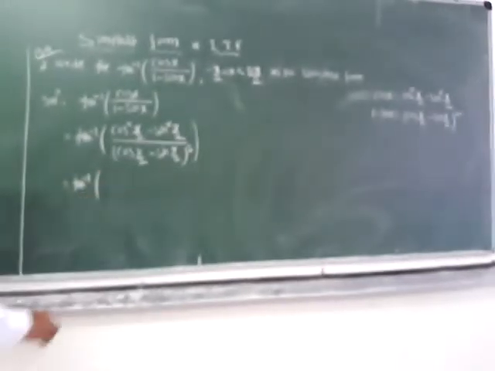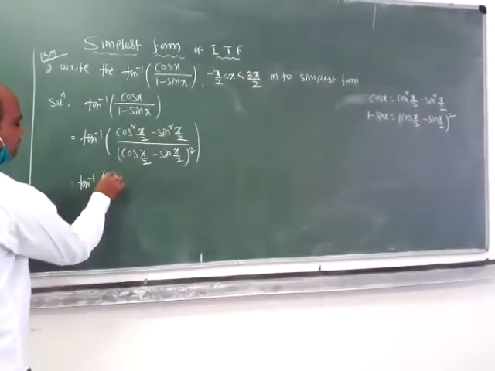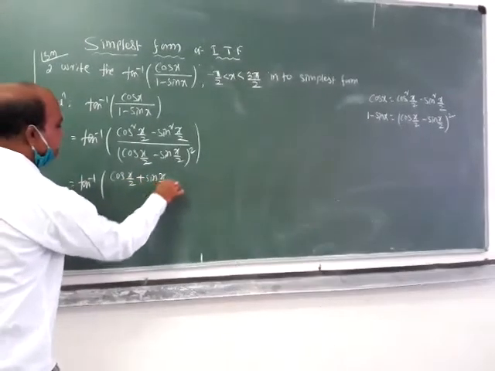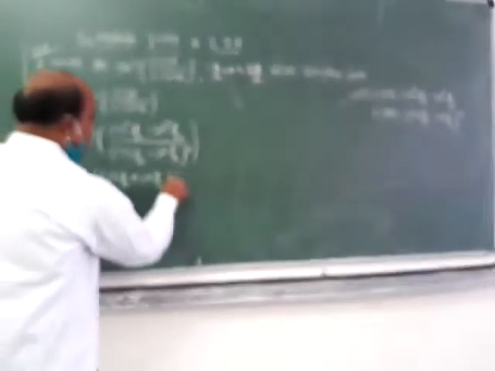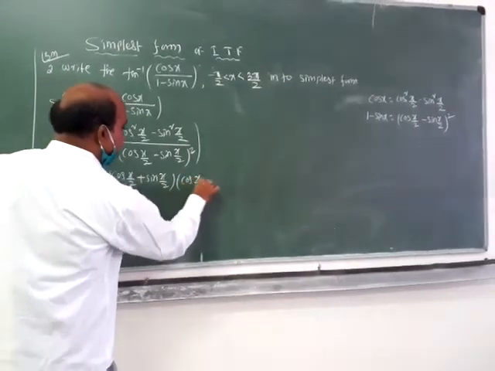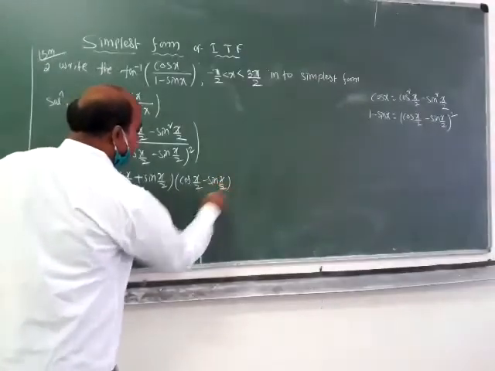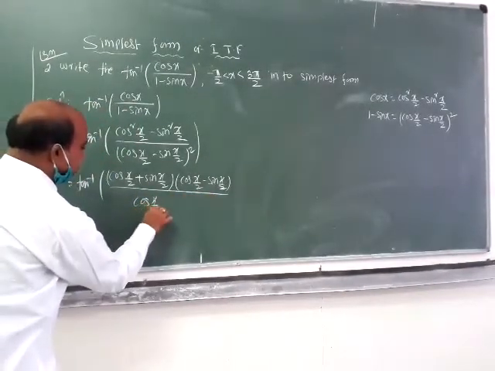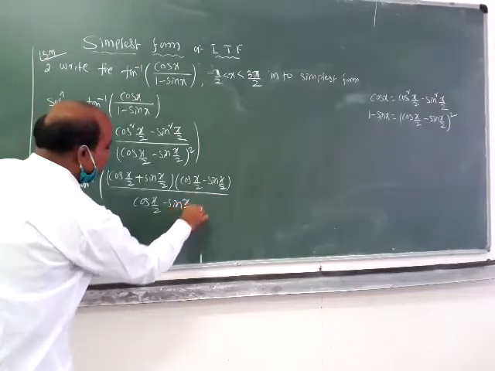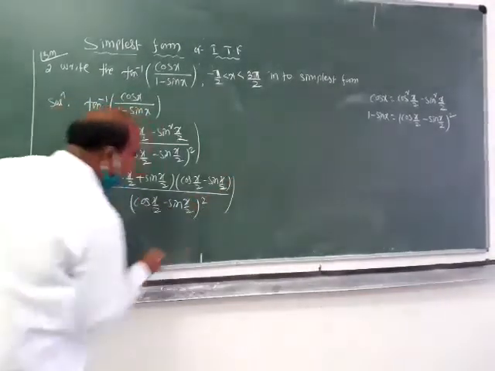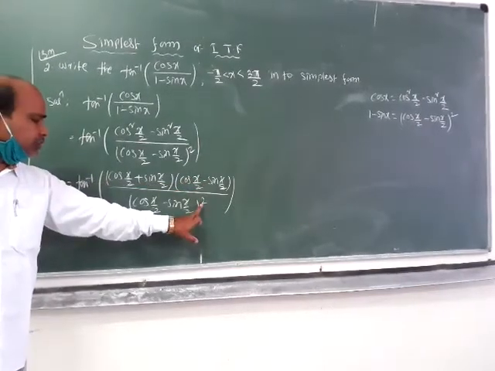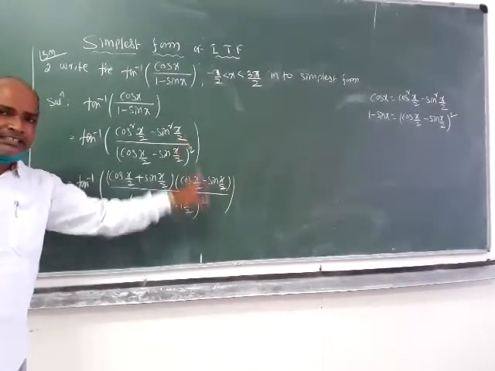Using the a square minus b square formula, that is cos x by 2 plus sin x by 2 into cos x by 2 minus sin x by 2, with the denominator unchanged. Now the minus term in the numerator and the minus term in the denominator cancel.